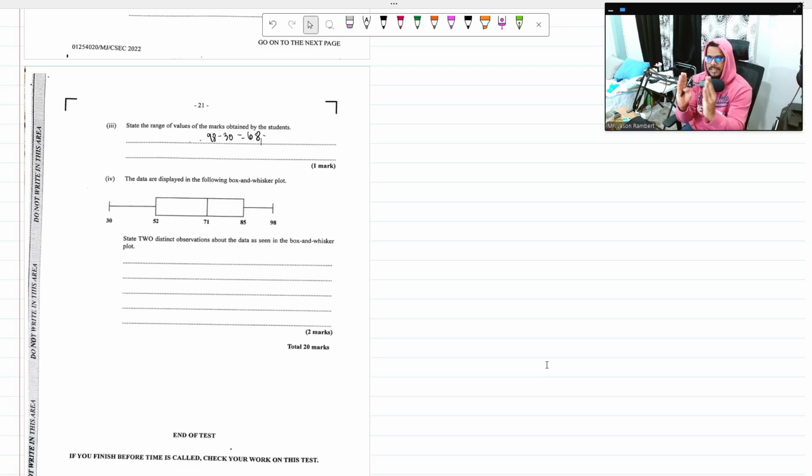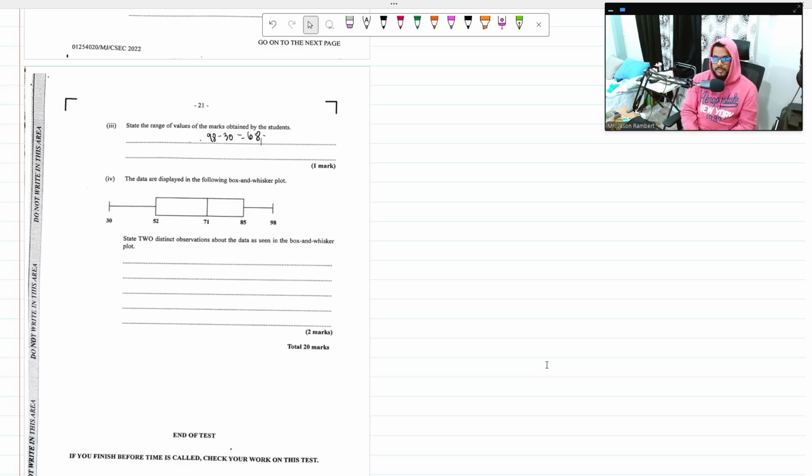So don't look at the distance between 30 and 71 and the distance between 71 and 98 and think that the percentage of students between 30 and 71 is more than the percentage between 71 and 98. 71 will be my median, my middle mark. So 50% of the students will be before that, 50% after that.